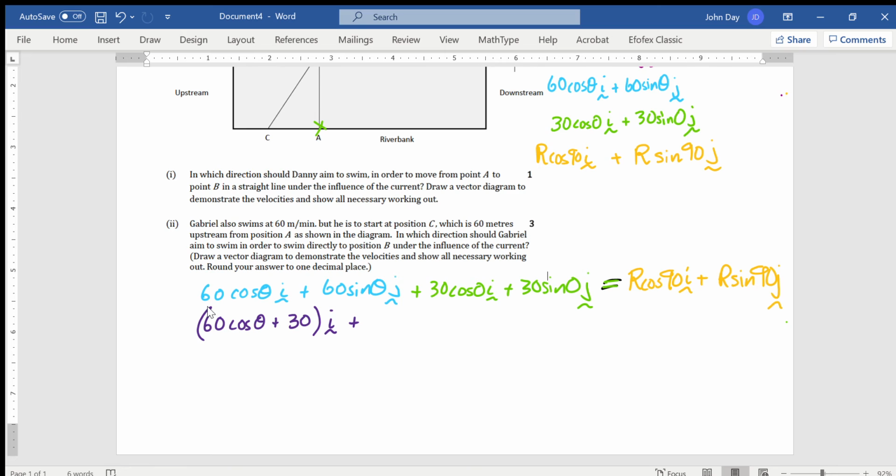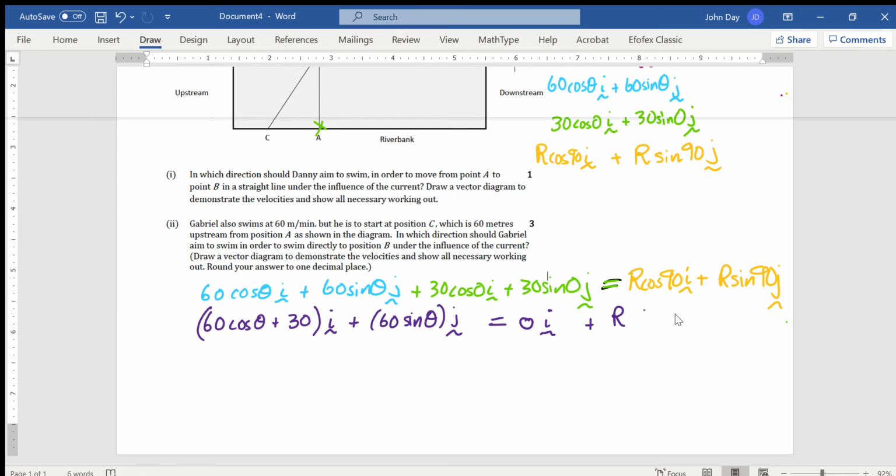And J parts, I've got 60 sine theta J parts, and sine 0 in the green is 0, so 30 sine 0 is 0. So I've got no more J parts. So when I simplify it down, that's my I parts and that's my J parts. And over here, we said before that R cos 90 is 0, right? So I've got 0 I parts, and I've got R sine 90. Sine 90 is 1, so I can work that out here, I guess.